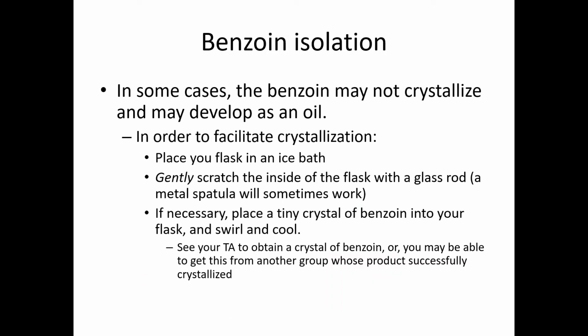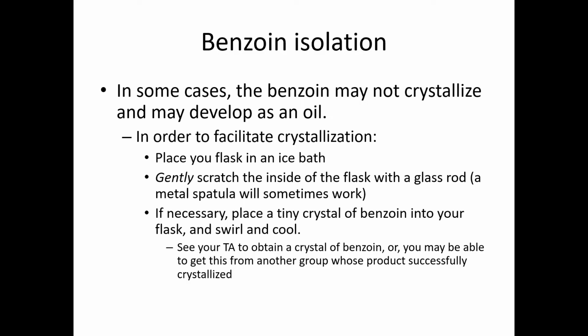In some cases, the benzoin may not have crystallized completely and instead takes the form of an oil. In order to force it to crystallize, because it's important that we get a solid crystal product, all we do is lower the temperature by placing the flask into an ice bath.